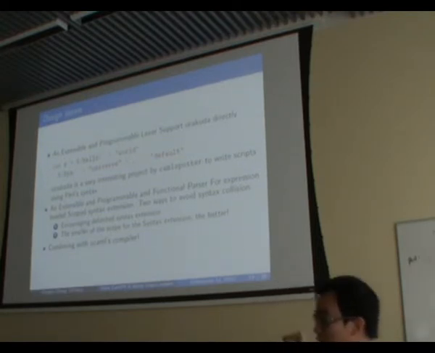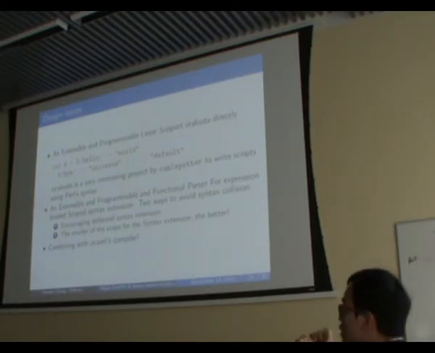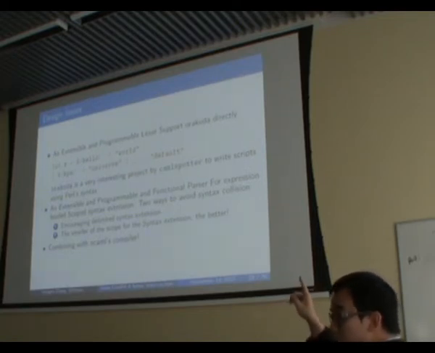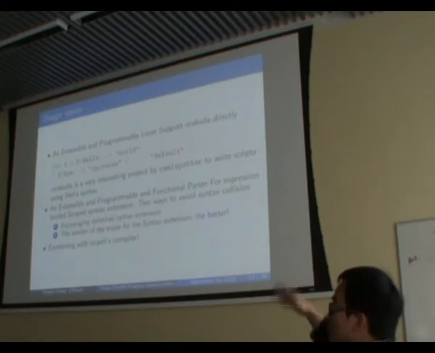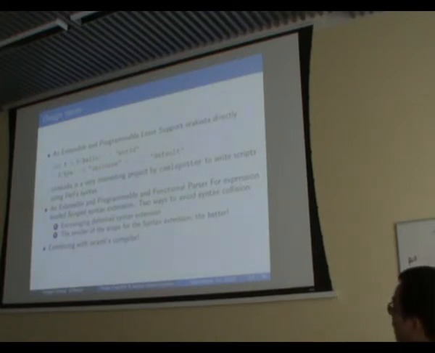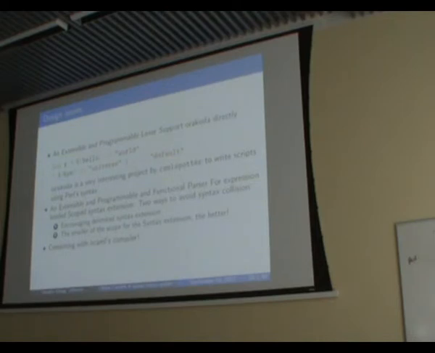When you embed C code, it's very annoying: the double arrow is a C++ operator, and you have to escape it. So one proposition is we should have an extensible and programmable lexer. The second is we should have an extensible, programmable and also functional parser.